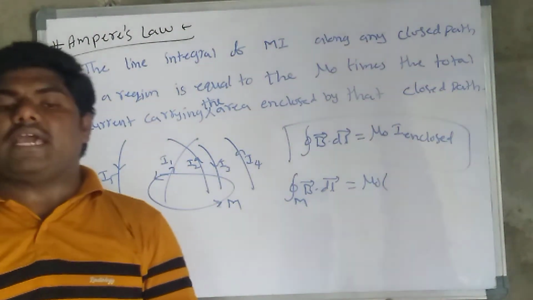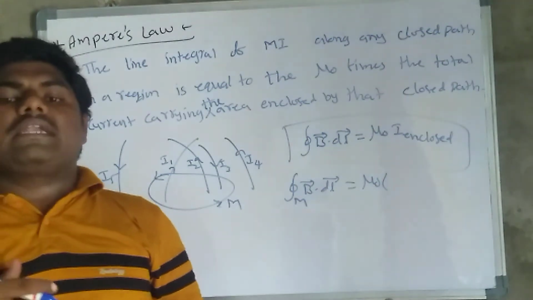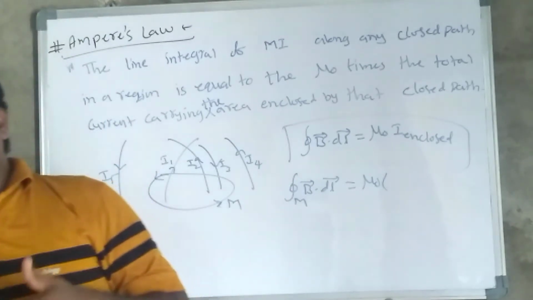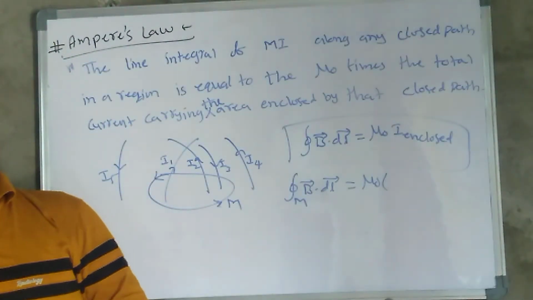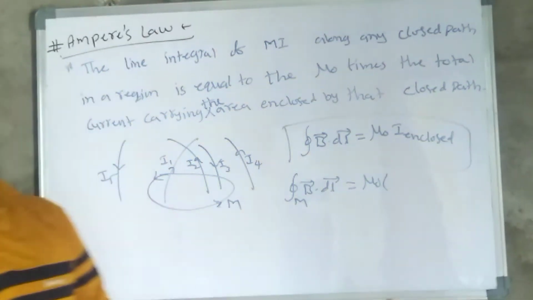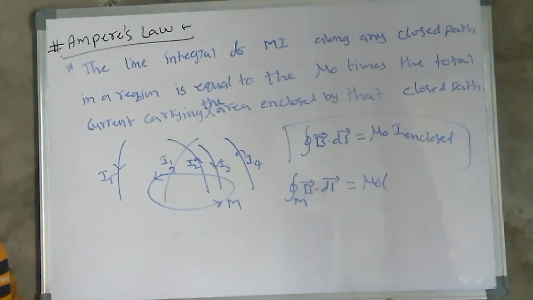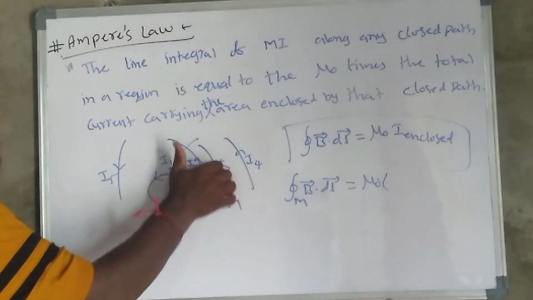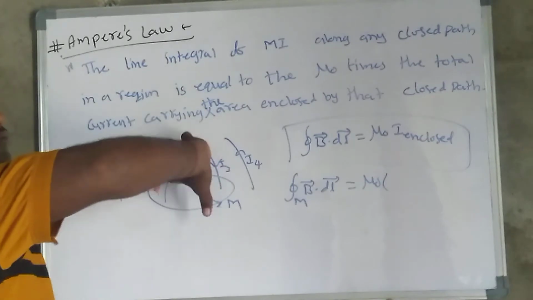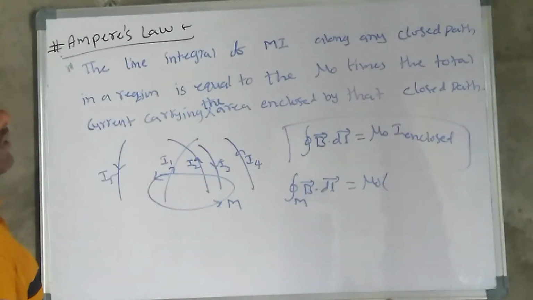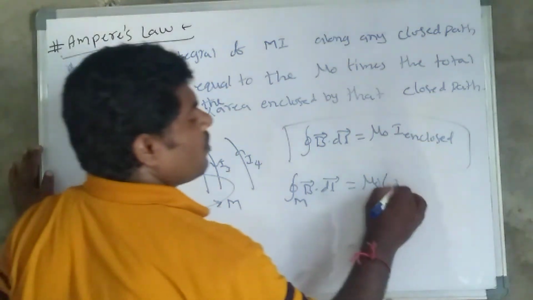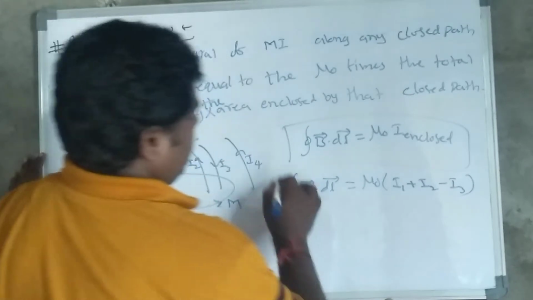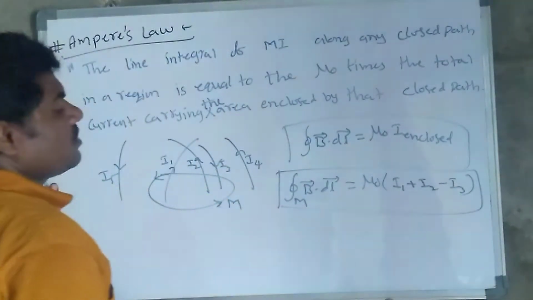Here, the direction of current is taken as positive according to the right hand thumb rule applied on the closed path. It means current moving like this along the closed path is I1 positive. Similarly I2 is also positive, but I3 is downward like this, opposite, so you take I1 plus I2 minus I3 according to Ampere's law. This is the formula.